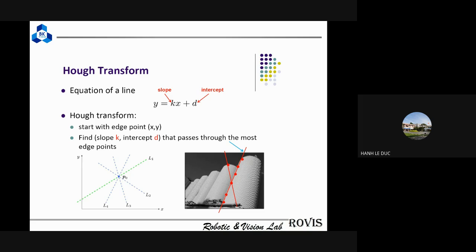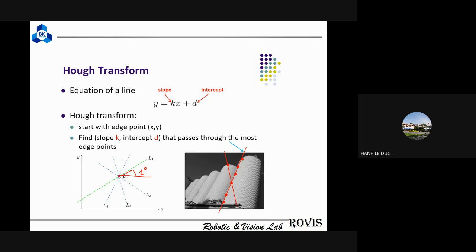In this method, the Hough transform does it like this. For example, you have many points like this. Each point will be changed to another form. For example, you have 1 point P0 here, and there are a lot of lines that go through the point. Let's imagine I have a point here and I rotate an angle, for example 1 degree.